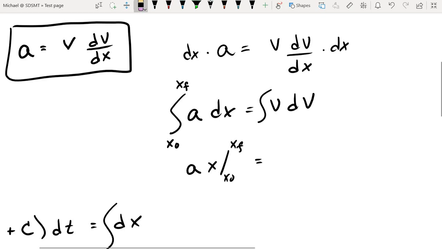So the integral of v with respect to itself is going to result in v squared over 2. And we will also have some limits in here. We'll use our generic initial and final for those limits.